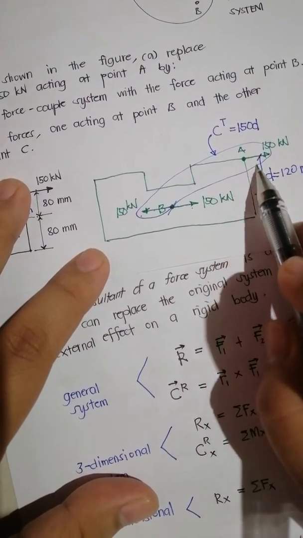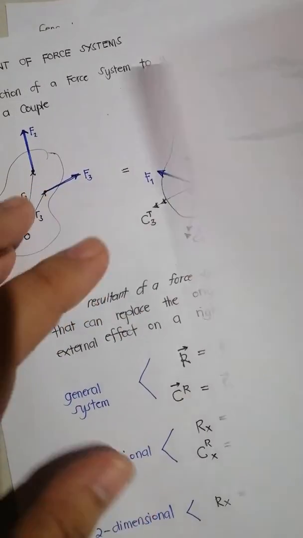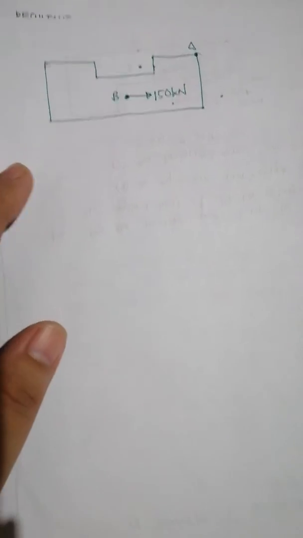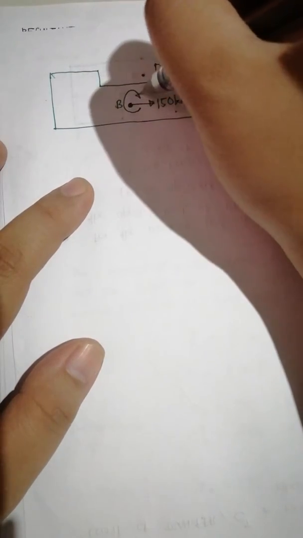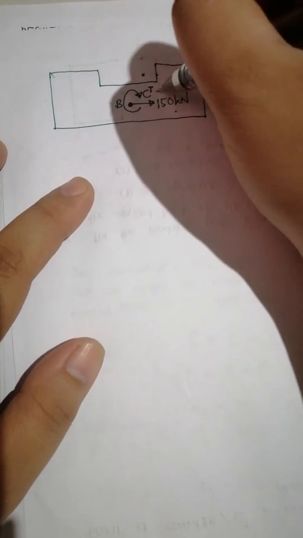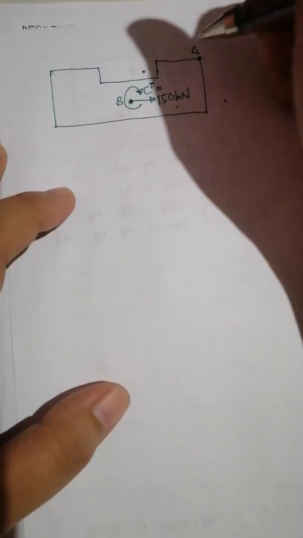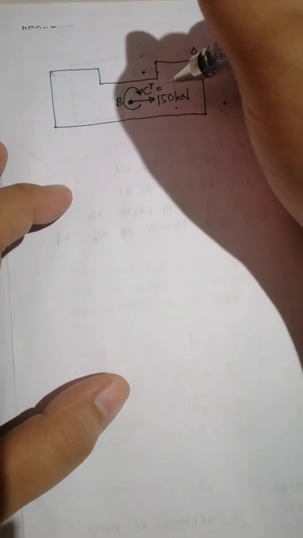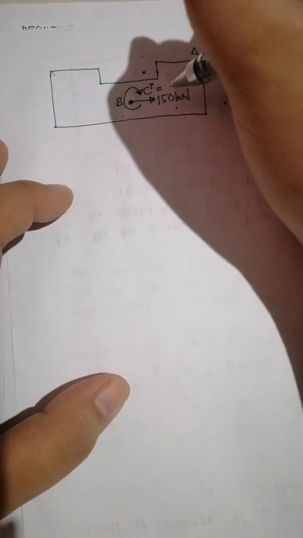As you can see, the rotation is clockwise, so the symbol that we are going to draw is, of course, a clockwise couple. So this is the couple of transfer formed. Remember, by the way, that couples are transferable, or they are free to be transferred to whichever point, and the effect is the same.